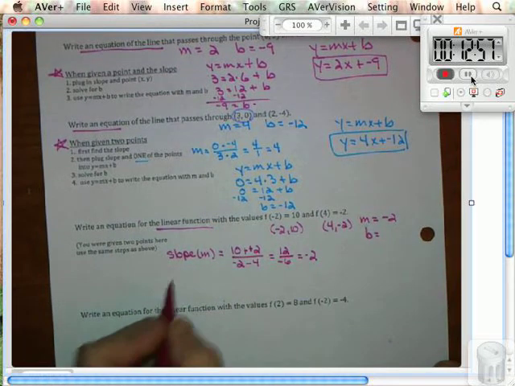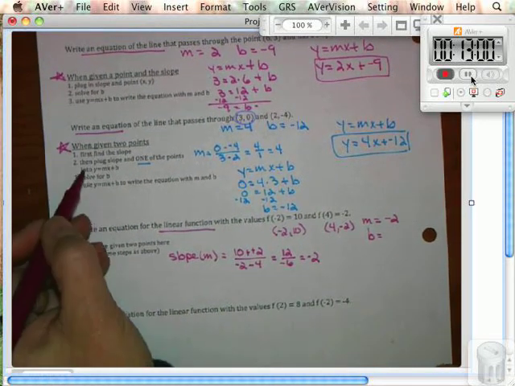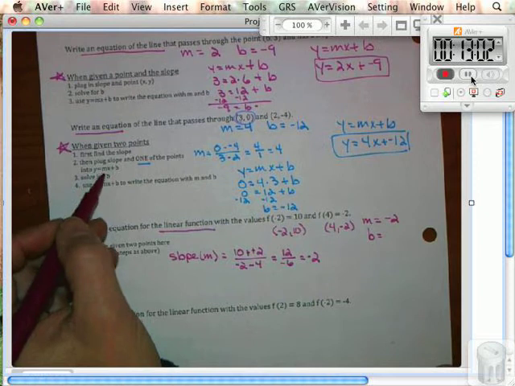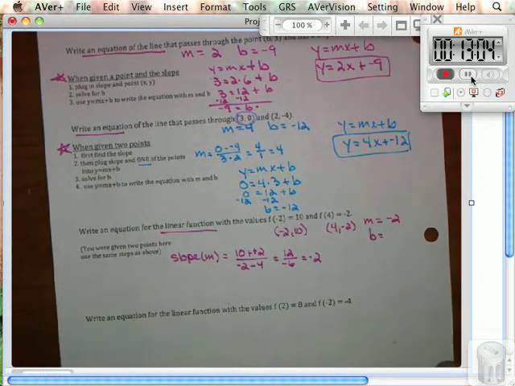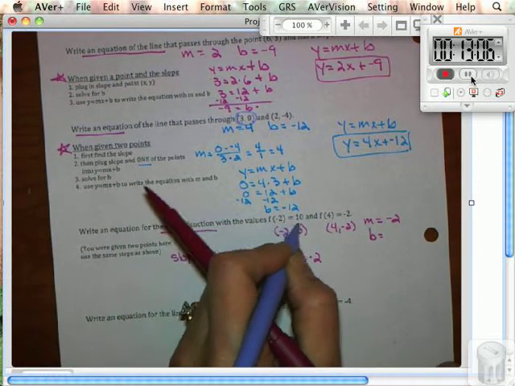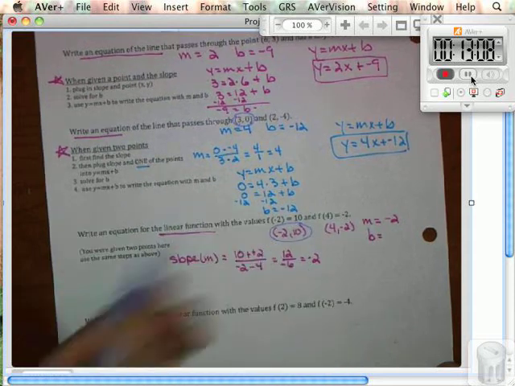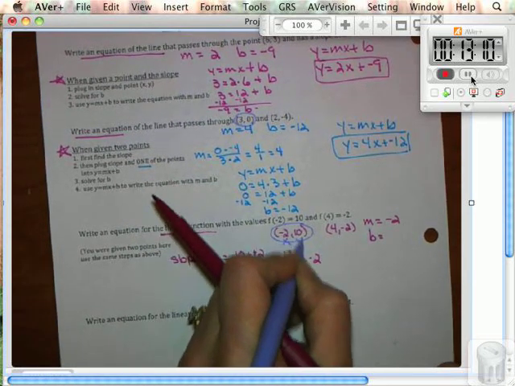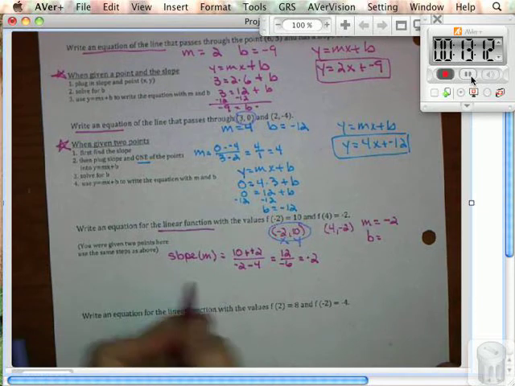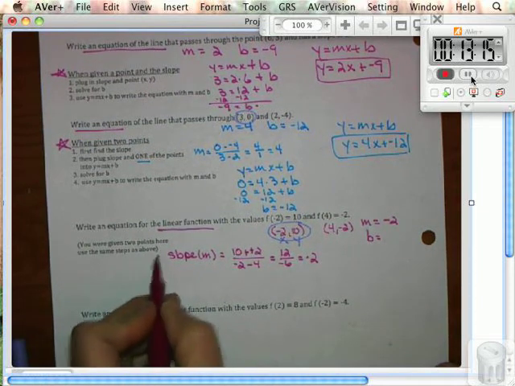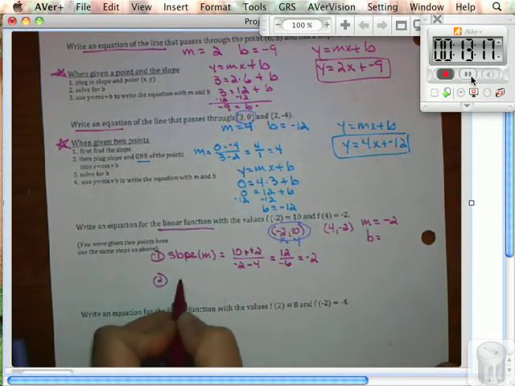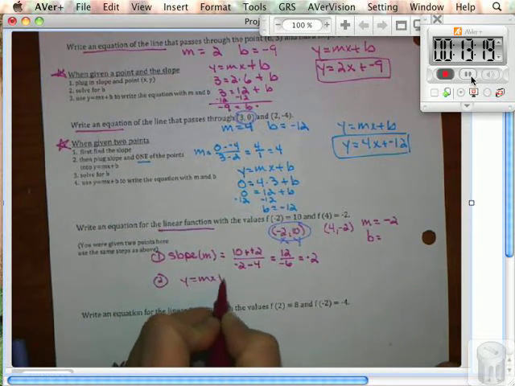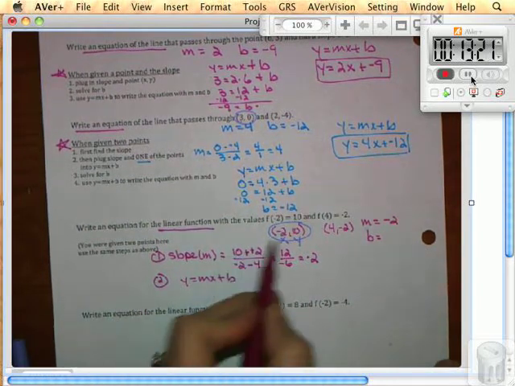Okay, then the next step said plug the slope and one of the points into y equals mx plus b. It doesn't matter which point you use, so I'm going to use this point. Remember, that's x and that's y. Okay, so I'm going to plug in. This was step 1, this is step 2. Y equals mx plus b. Plug in my y, which is 10.